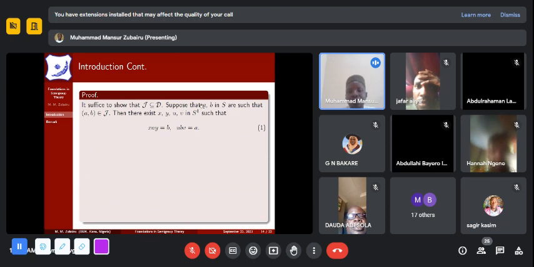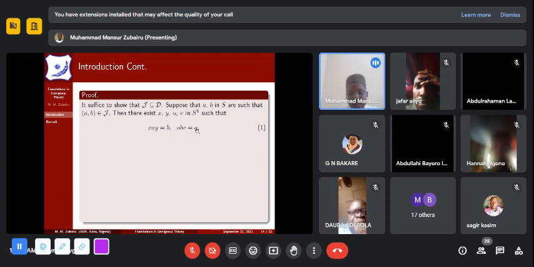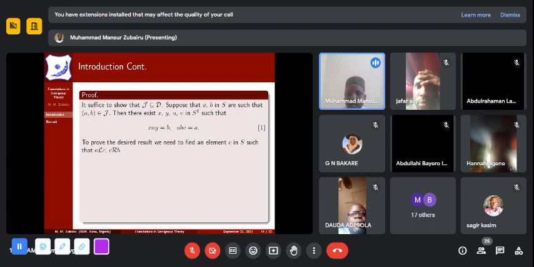How do we do that? Now we suppose (A, B) is in S such that (A, B) is in J. Then it means that you can have X, Y, U, V in S1 such that XAY is B and UBV is A. So to prove the desired result, we need to find an element C in S such that A L C and C R B. This is what we need to do.